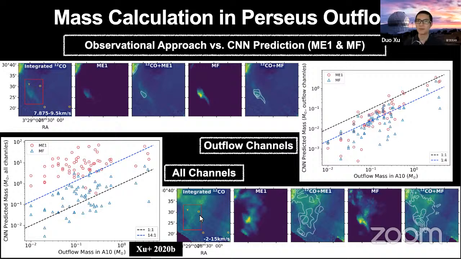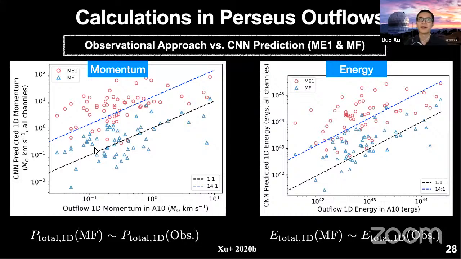These two compensate each other, so there's a cancellation error here. There is missing mass, but also contamination from the host cloud. By adding these two, statistically, the true outflow mass from our model prediction is comparable to what observers did in the past. Similarly, for one-dimensional energy and one-dimensional momentum, our model prediction is consistent with previous estimates.